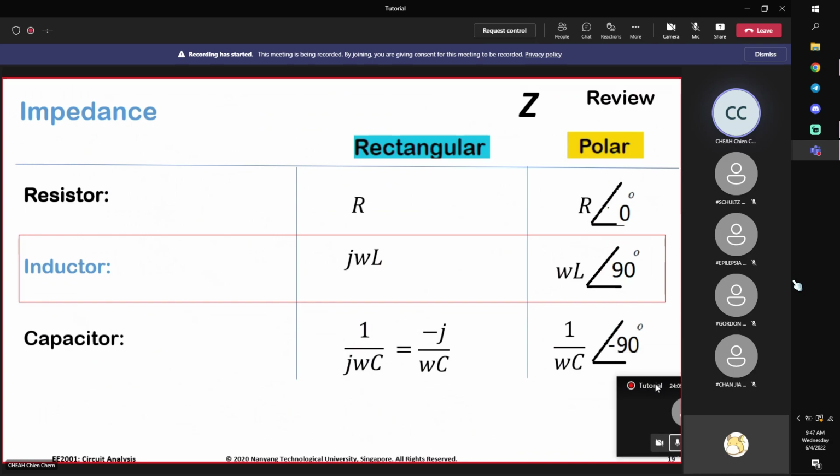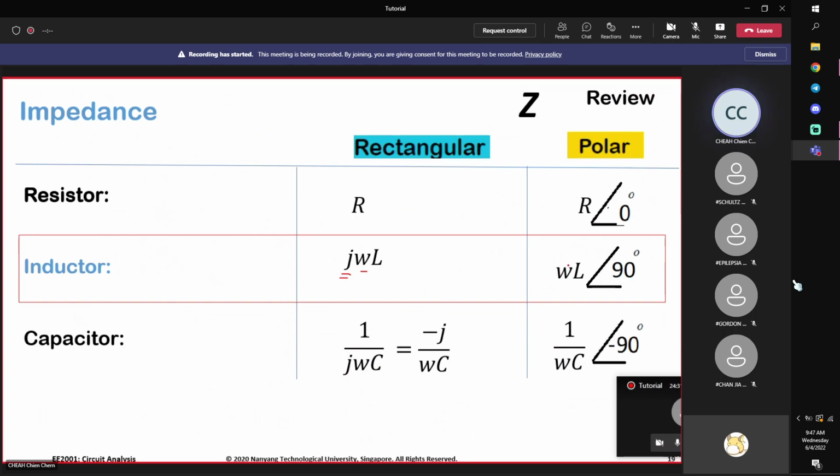But we have other types of components, namely inductors and capacitors as well. Now for an inductor, we know that it can be represented in this form, j omega L in AC circuits, where omega is the frequency and j is the imaginary number.